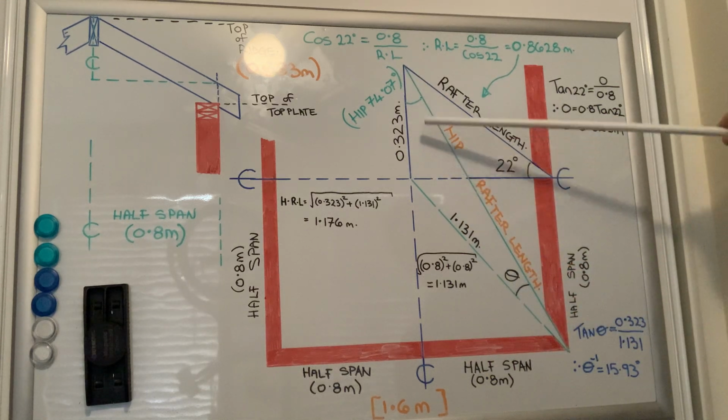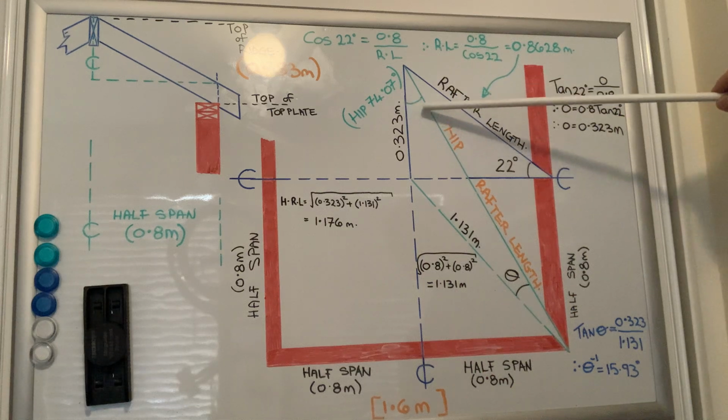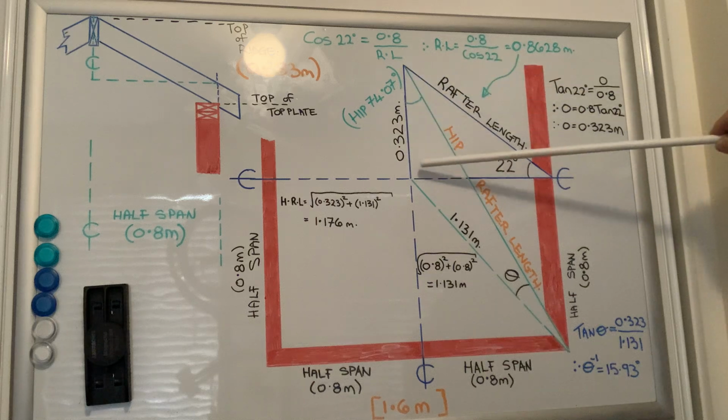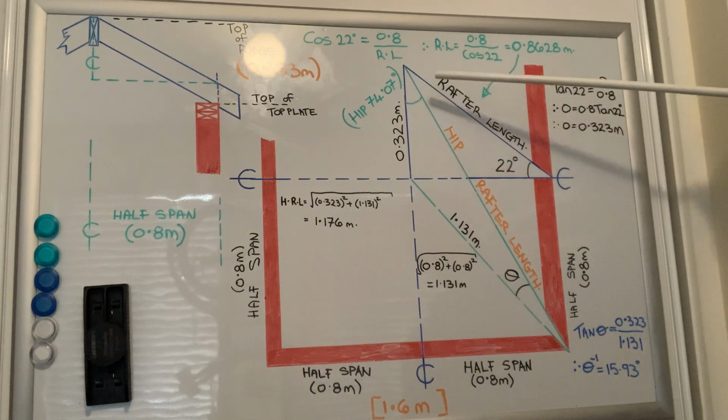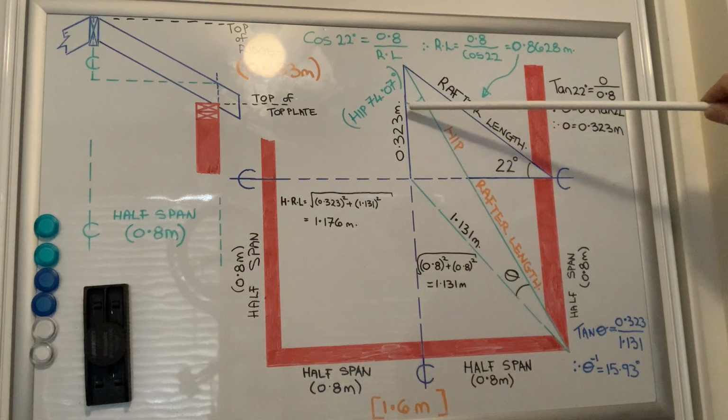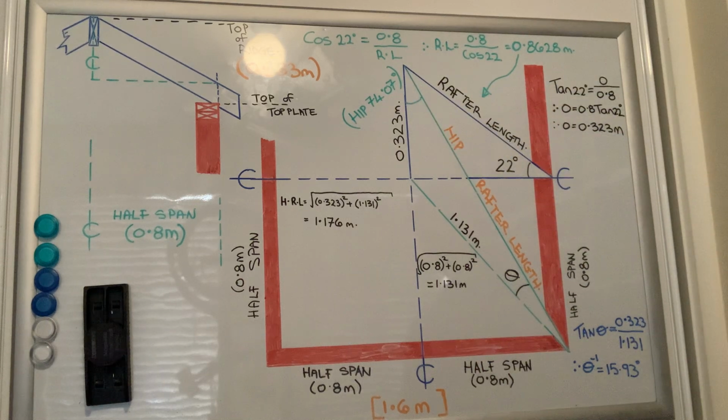We know that's 90 degrees. So that angle in there is actually 68 degrees, because the sum of the angles of a triangle total 180 degrees. So 180 degrees, take away 90, take away 22, gives us that angle of 68 degrees.